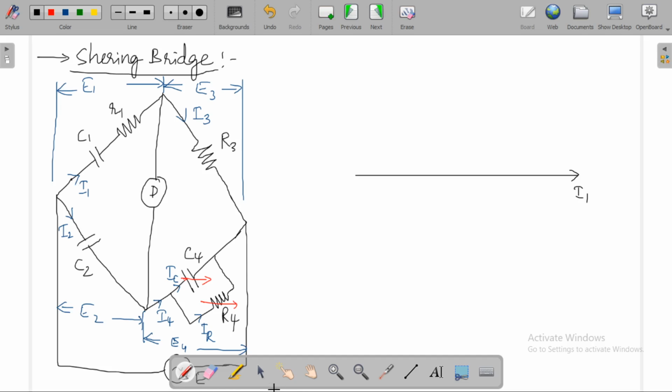So now let us draw voltage across R1. Okay, so this will be voltage across R1, I1 R1.